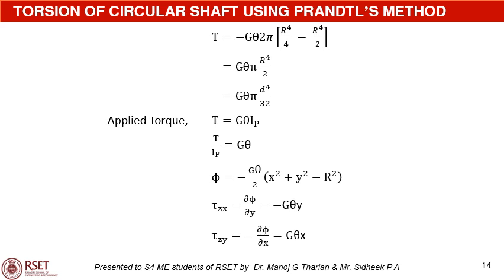Substituting for phi, we get tau zx is equal to minus G theta into y. The shear stress component tau zy is equal to minus ∂phi/∂x. Substituting for the Prandtl stress function phi, we get tau zy equal to G theta into x.